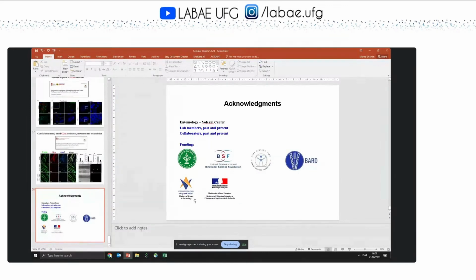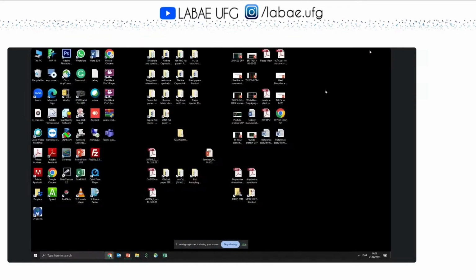Simone asks: TYLCV circulates inside the whitefly, so is it possible to localize non-circulative viruses in whiteflies and aphids as well using these techniques? Yes, sure. It has been done with non-persistent viruses and with semi-persistent viruses, and we are actually working now on a semi-persistent virus transmitted by whiteflies in sweet potato, using these techniques, FISH and immunostaining.